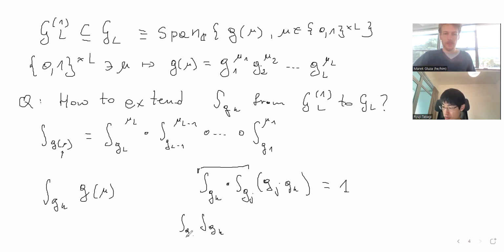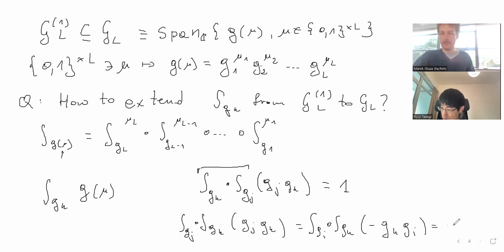And also once I define this to be 1, the inverted ordering of those Grassmann integrals, G K, should be the same as on the input, G J, G K. They should stay linear. So if I write here minus G K G J, then I should get minus 1 here because I just pulled out the minus sign.